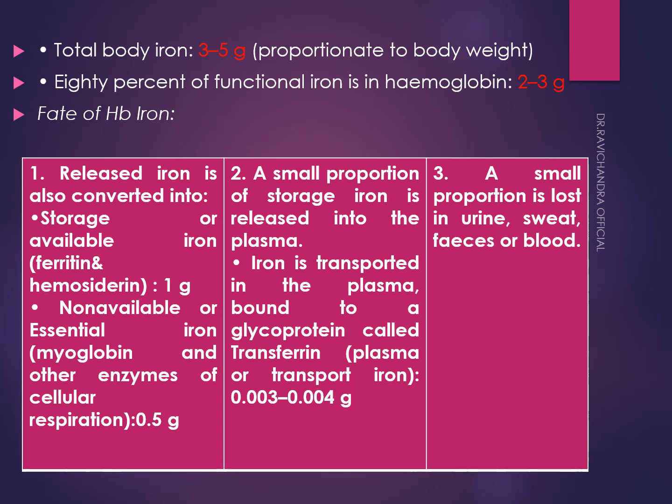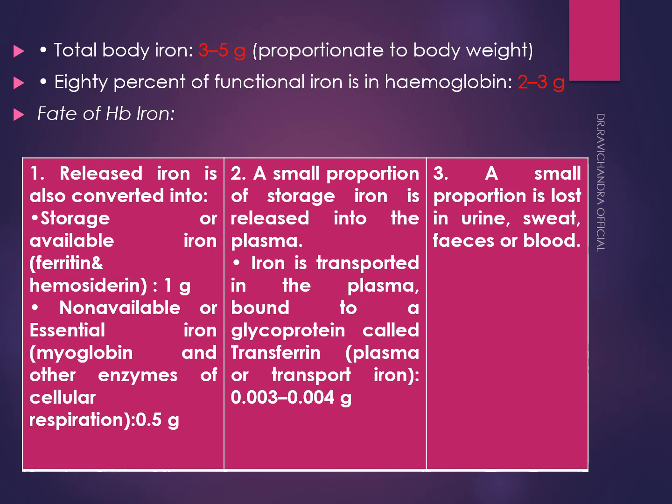A small proportion of storage iron is released into the plasma and the iron is transported in the plasma bound to a glycoprotein called transferrin, plasma or transport iron, which is around 0.003 to 0.004 grams, and a small proportion is lost in urine, sweat, feces, or blood. This was described in the previous slide also in an illustrated form.